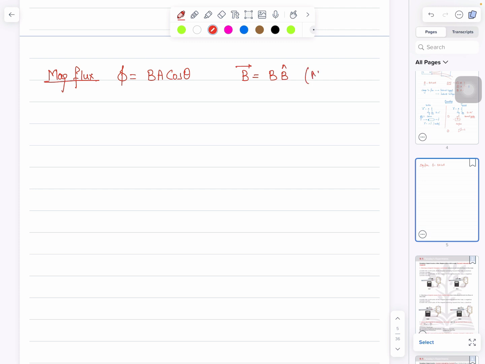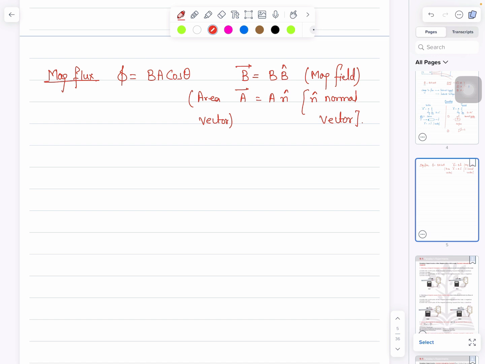This is your magnetic field. A is area. This is your area vector. So area vector A is equal to A n cap, because it's a tensor quantity. So n cap is your unit vector, but it's a normal vector.